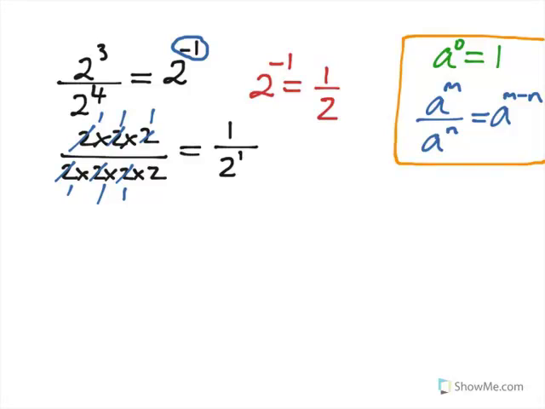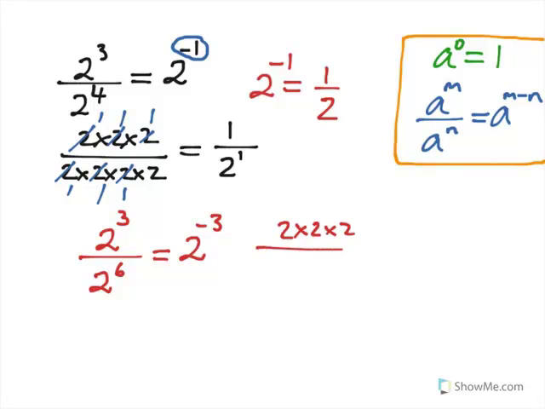Well, let's try another example. Let's suppose it's 2 to the power of 3 divided by 2 to the power of 6. If we subtract the powers, we get 2 to the negative 3. But what does it mean? The numerator is 2 times 2 times 2, and the denominator, 2 to the power of 6, is 2 being multiplied by itself 6 times.